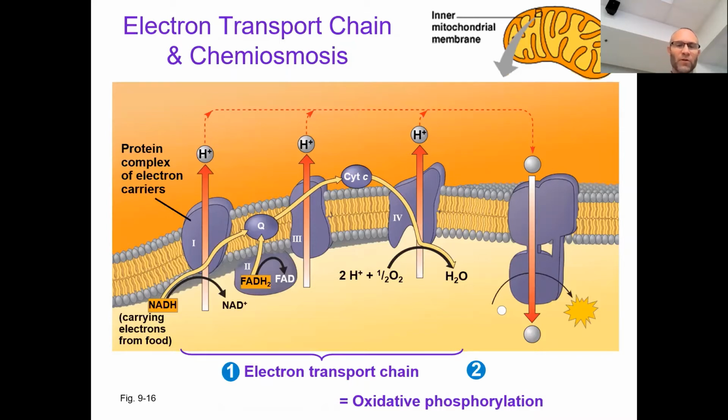If you take a look at the electron transport chain, you can see we have 4 complexes, 1, 2, 3, and 4. So these complexes are these big protein complexes. And what they do is they take electrons, again, as part of chemical bonds, and they move them basically from one molecule to another.